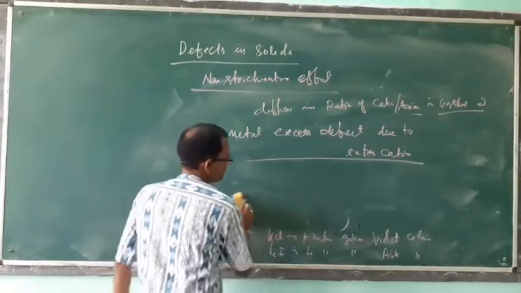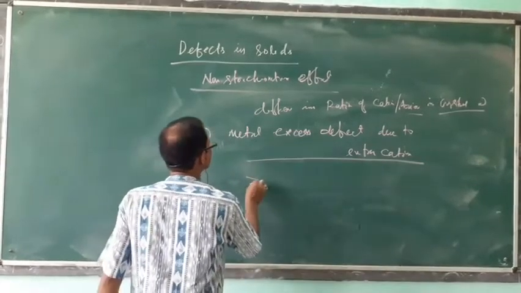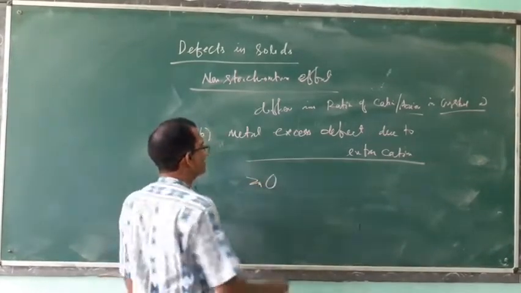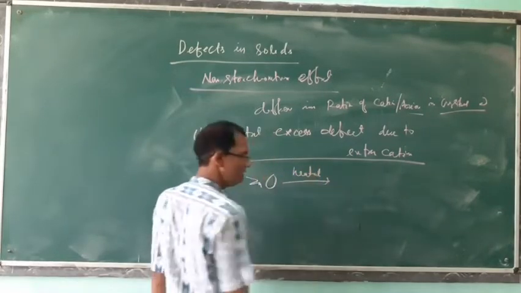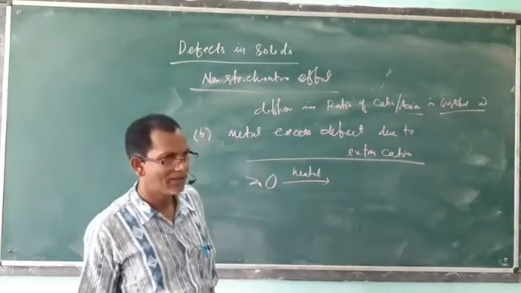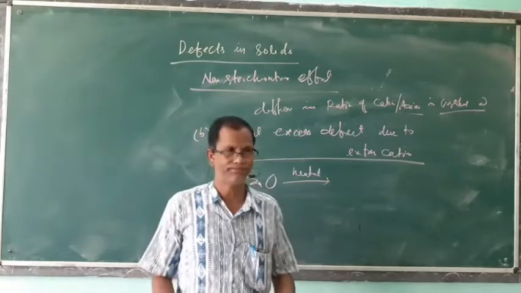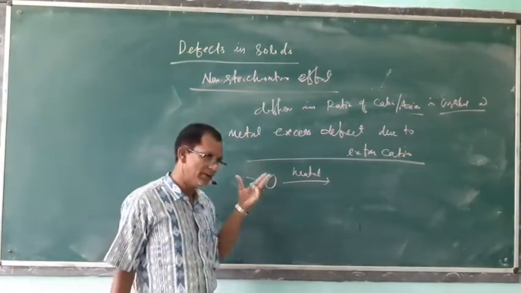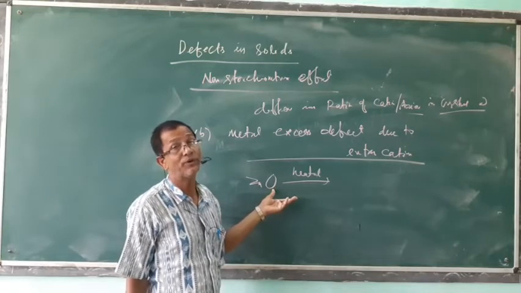For example, take zinc oxide. When zinc oxide is heated, as I have already told you, the crystal shows a defect due to a change in physical behavior. When it is heated, it shows different behavior.